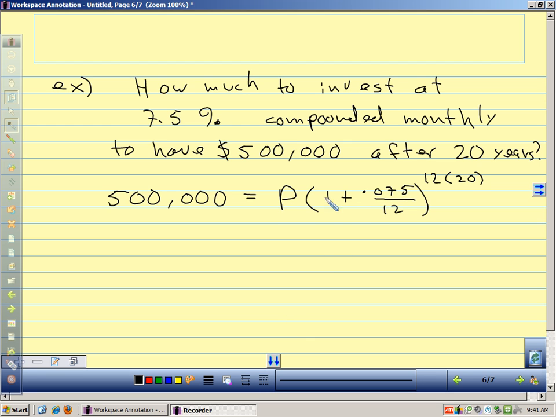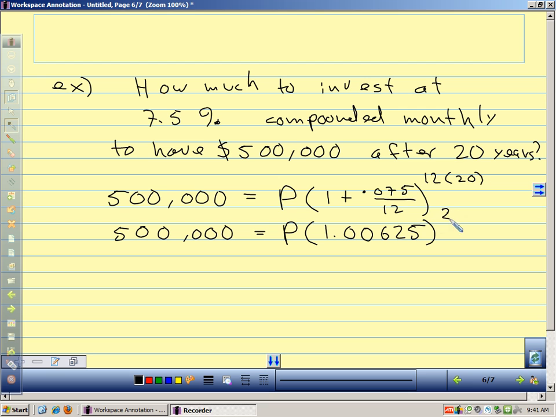Now, when you do this compound interest formula, depending on your interest rate, this number can be very small. It can be like 1.0001 something. You can't round it to 1. You have to keep your decimal points to have an accurate answer. So when I calculate this out in my calculator, I get 500,000 equals P times 1.00625 to the 12 times 20, which is 240.